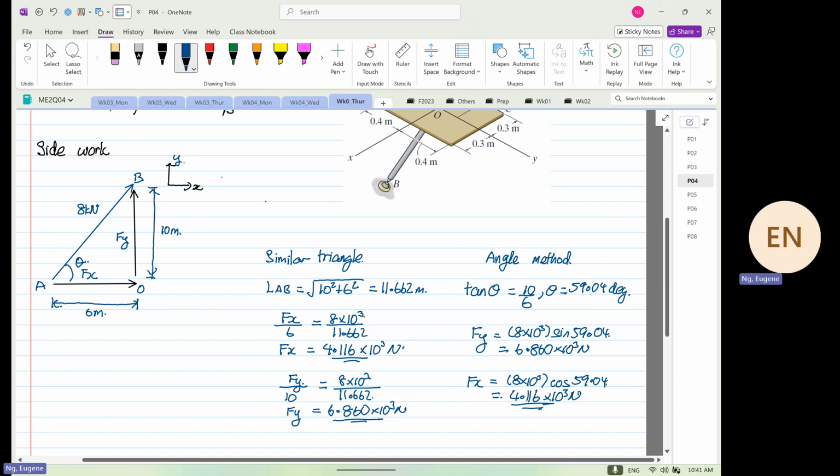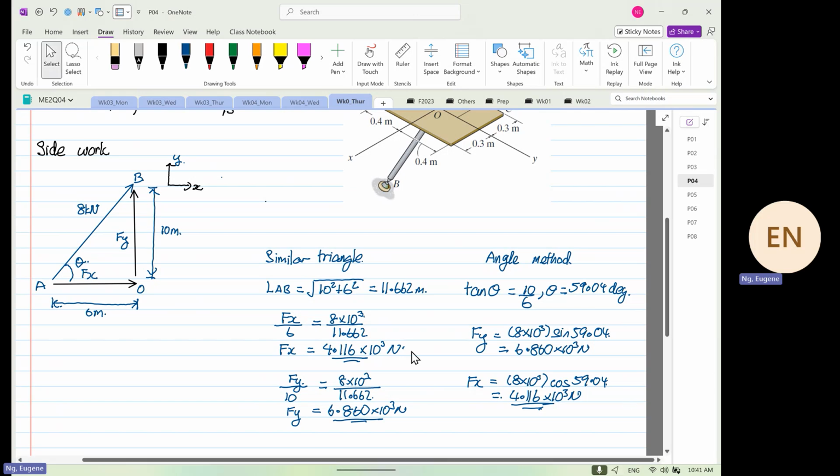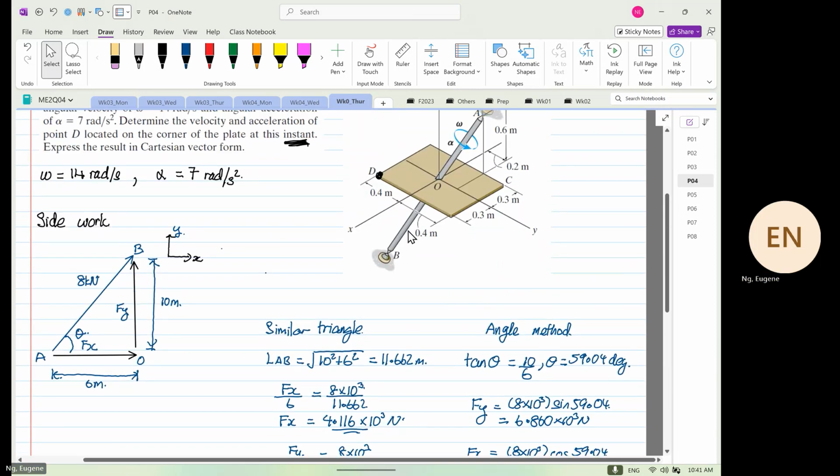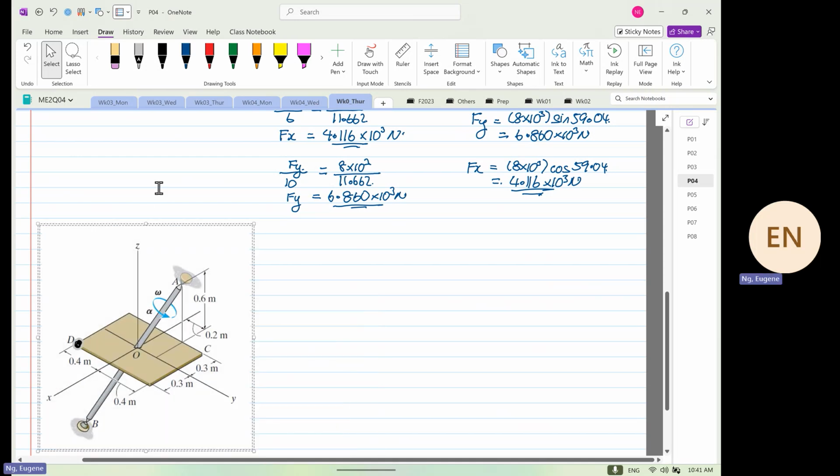Okay, so we're going to apply the same thing to solve our problem over here. We're going to apply exactly the same concept. So let's look at the diagram. We're going to solve this based on this orientation, at this moment.